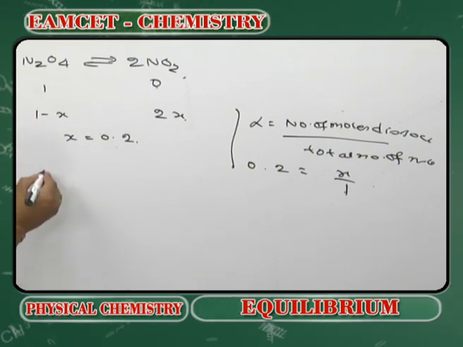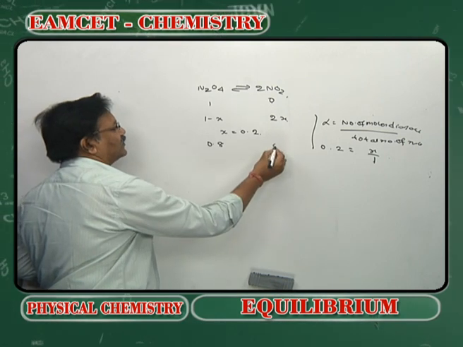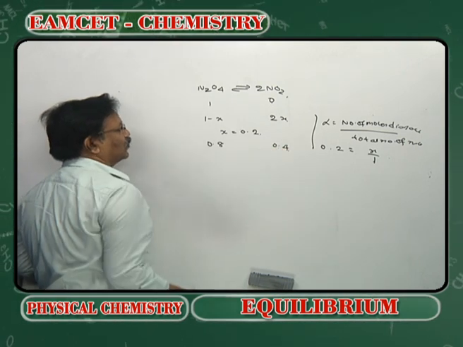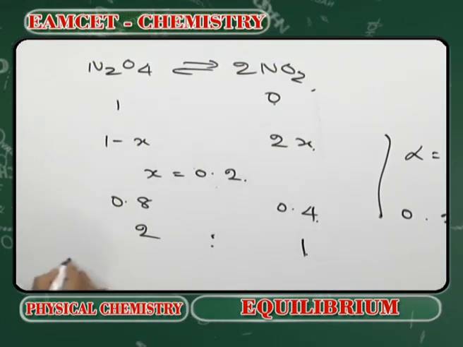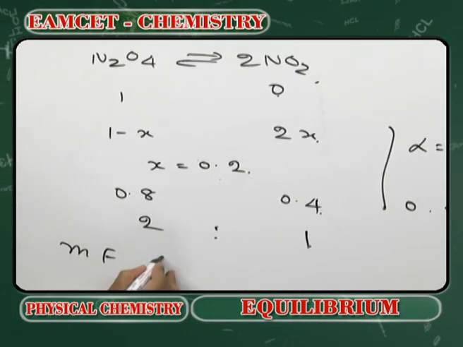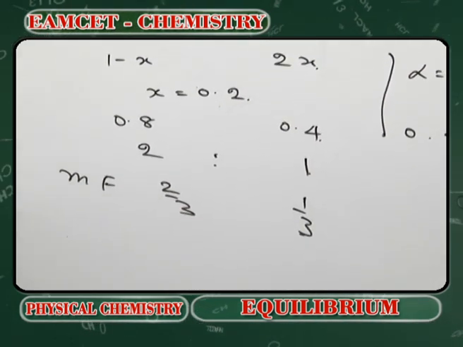Now at equilibrium, what will be these moles? 0.8. And what will be these moles? 0.4. What is the mole ratio? 2:1. What will be the mole fractions? 2/3, 1/3.